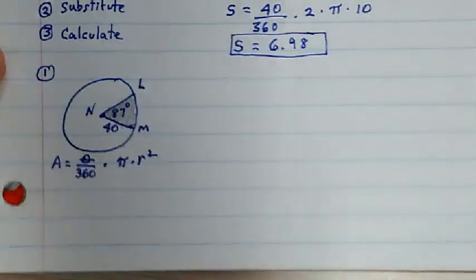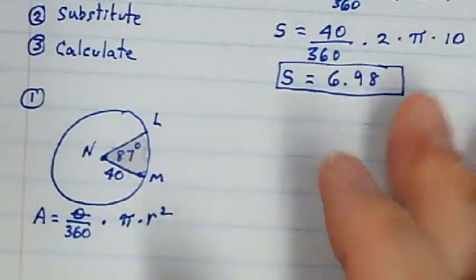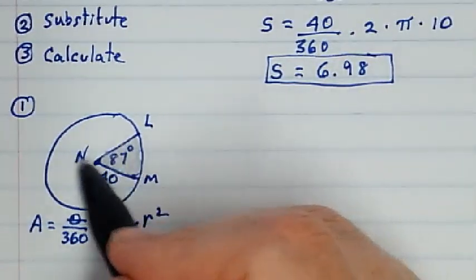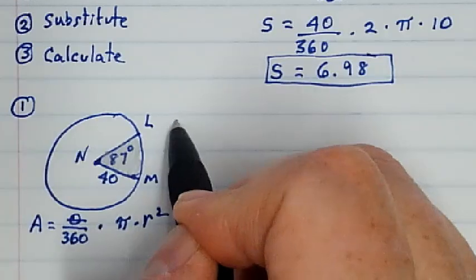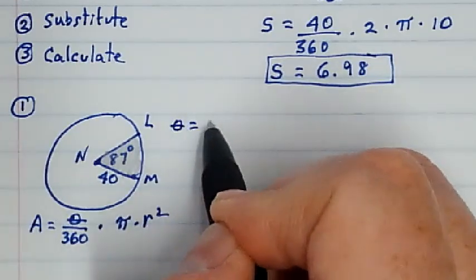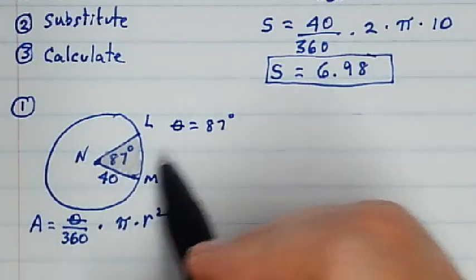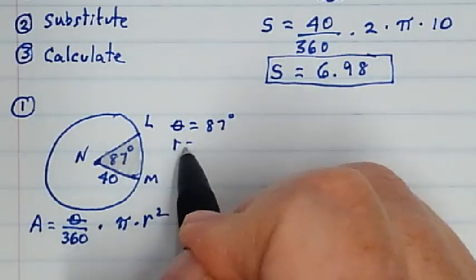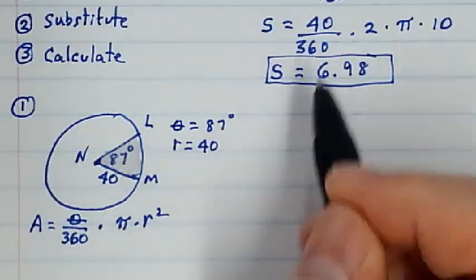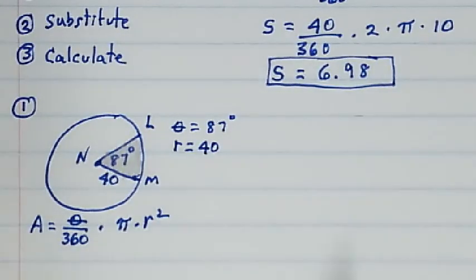And we just look at the circle and we see that theta is clearly 87 degrees. It's the measure of the central angle in degrees. And the radius is clearly 40. That could be feet, inches, miles. So I showed the formula for the area of the sector. Then I show a substitution.